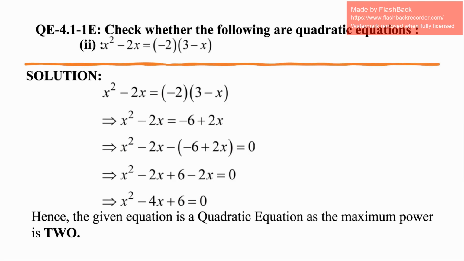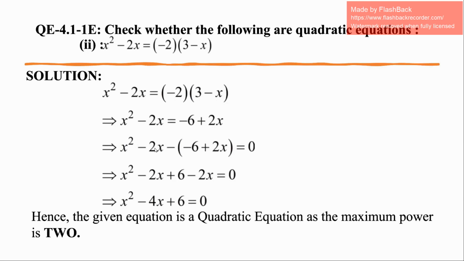So we have multiplied: minus 2 into 3 equals minus 6. And as you know, if you take the product of two minus terms, you will get a positive. So similarly here, we have multiplied minus 2 into minus x, so ultimately we have got 2x.